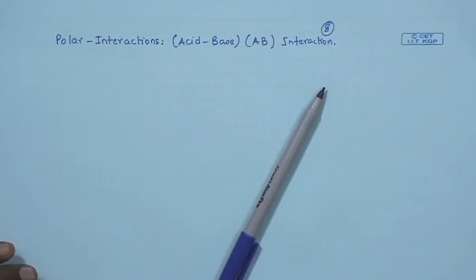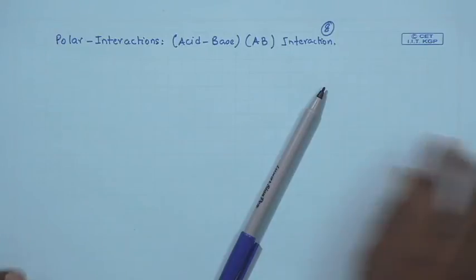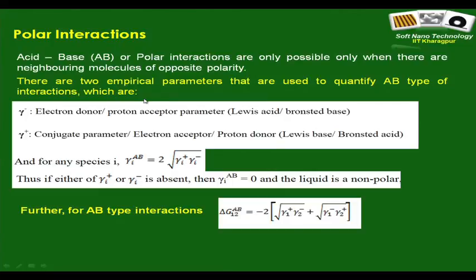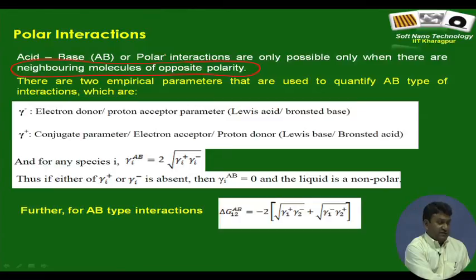It is obvious that polar interactions are possible only when neighboring molecules have opposite polarity, and therefore it is not as generic as, let us say, van der Waals interaction. So, you must have polarity within your molecules, and only then are polar interactions possible.